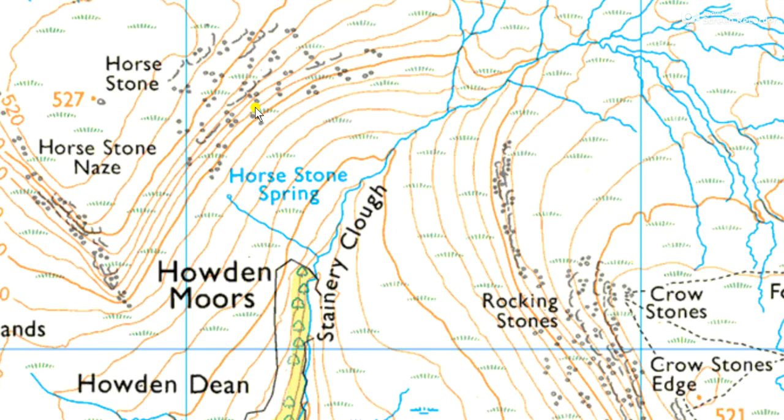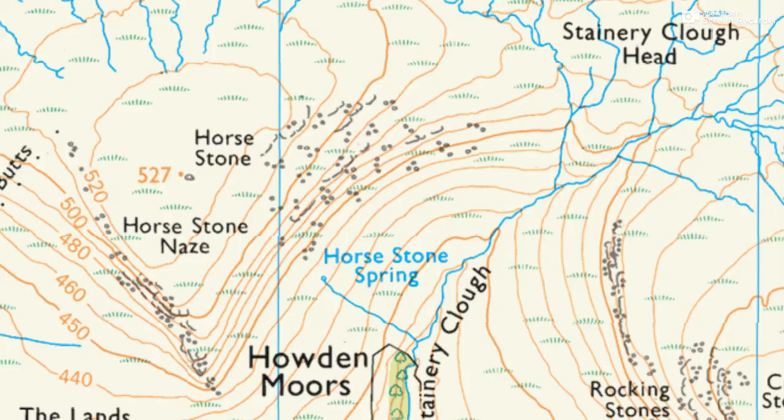There's a nice little trick that we can use to see where it is if we use Bing Maps. I don't know if you're familiar with that, but I'll just show you how we can use it. So this is Bing Maps, and what we can do is swap between Ordnance Survey and photograph.